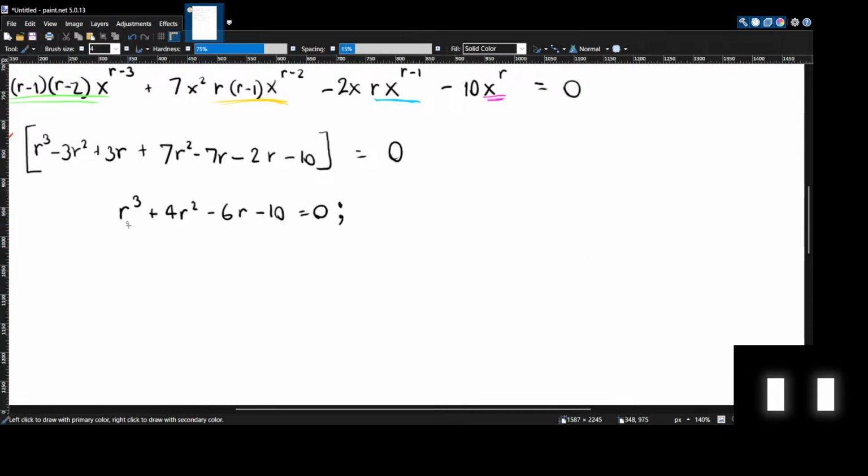So what if r is -1? If r is -1, this becomes -1, this becomes +4, so -1 plus 4 becomes 3. This becomes +6, so 3 plus 6 equals 9, subtracted by 10, you still don't have 0 over there.